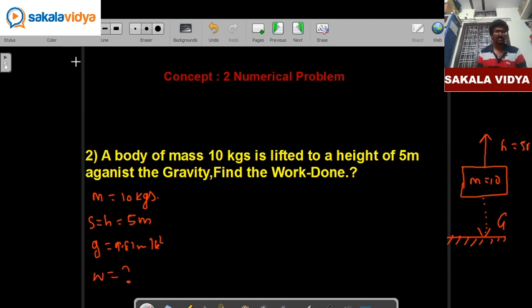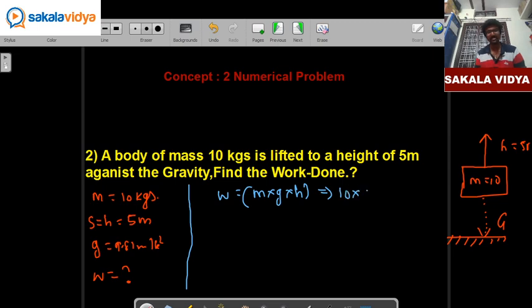According to our concept number 2, work done is equal to m into g into h. So mass of the body is 10, acceleration due to gravity is 9.81, height or displacement is 5 meters. If we solve this, we get the answer 490 joules.